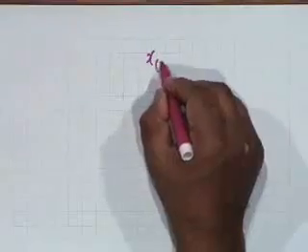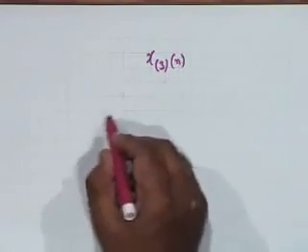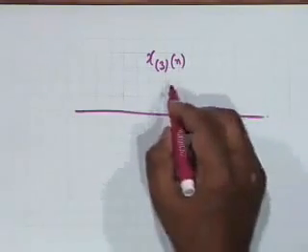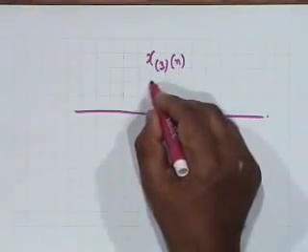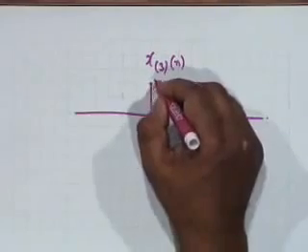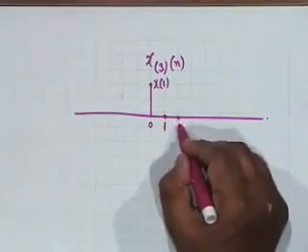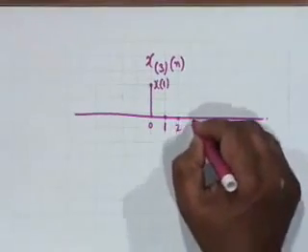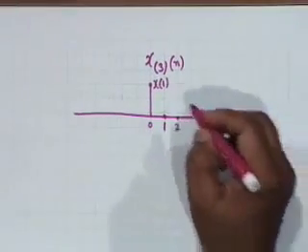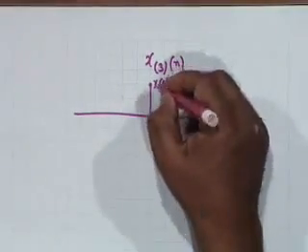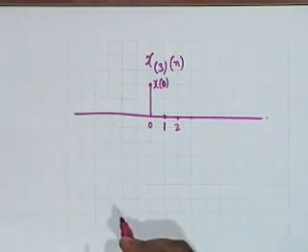All right, for the same case, what I have is x_3 of n. At 0 it is x of 0, then 0, then 0.